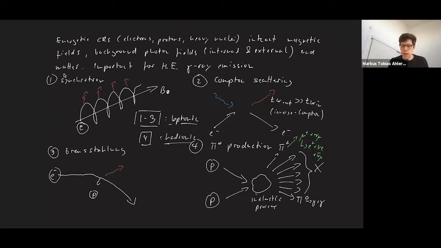Leptonic processes are always dominated by light cosmic rays, in particular leptons, electrons, and they will dominate the emission, whereas hadronic interactions are produced by high energy cosmic rays, which are nuclei. In the simplest case, you would have protons, but you can also have heavier nuclei that lead to production of hadronic gamma rays and also neutrinos.